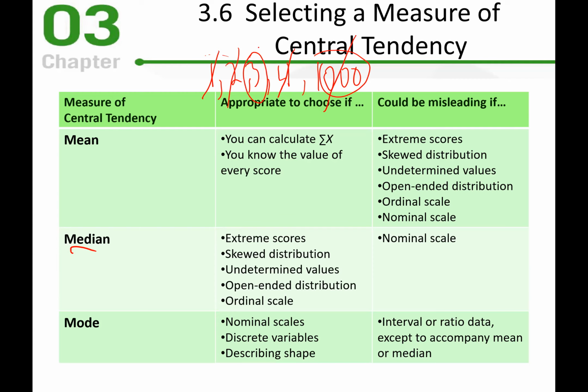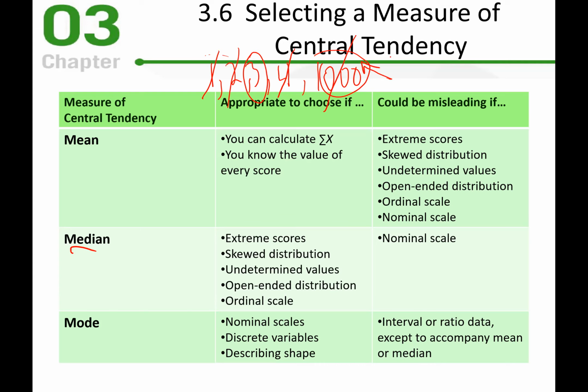And 3 is a more appropriate central tendency measure in this particular instance, because most of the scores are very close to that number, and it's not influenced by this extreme score of 1,000.